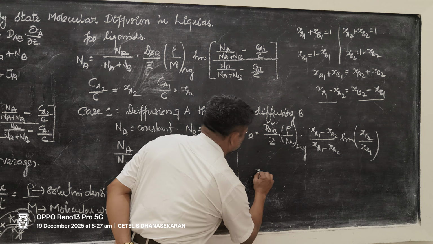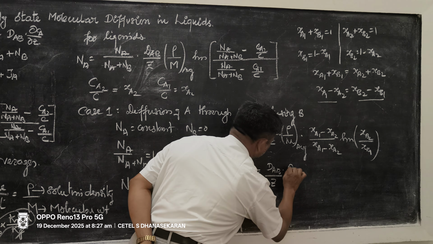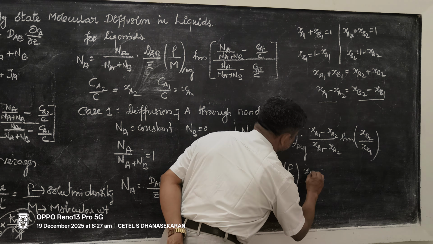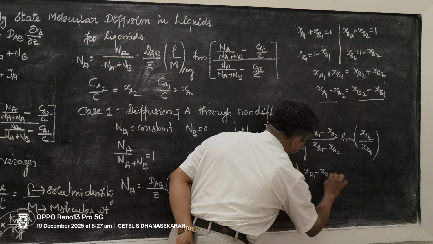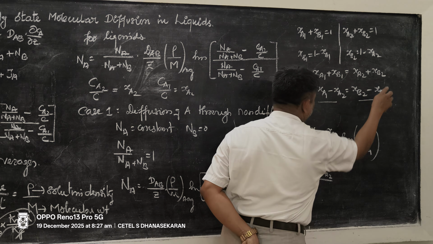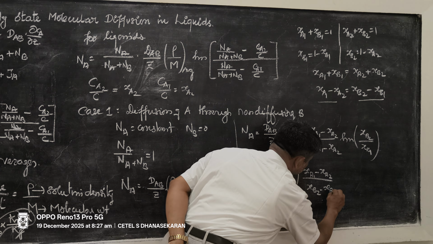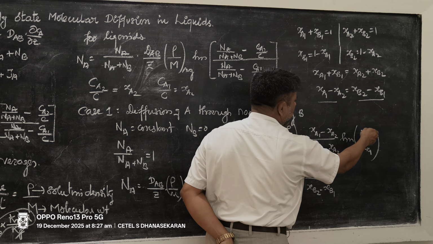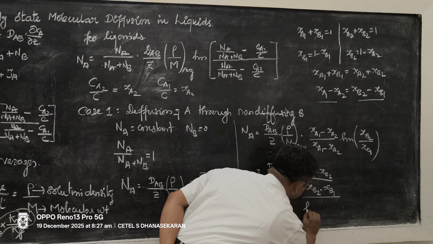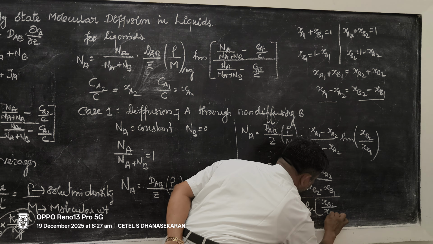Hence this equation becomes dAb divided by Z, rho by M. Here, Xa1 minus Xa2: instead of Xa1 minus Xa2, I am going to substitute Xb2 minus Xb1. Xb2 minus Xb1 is in the numerator. It should become the denominator, ln Xb2 divided by Xb1.